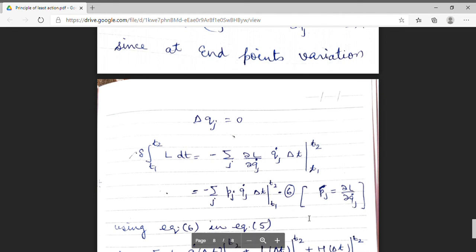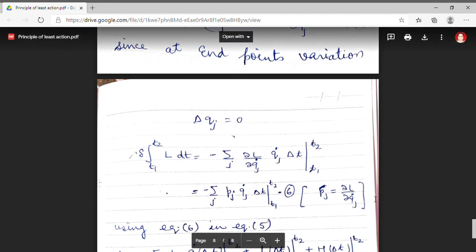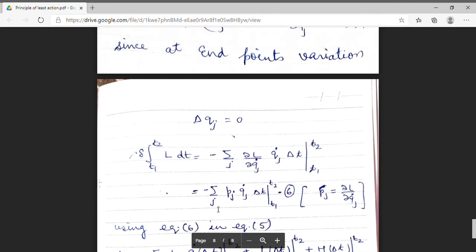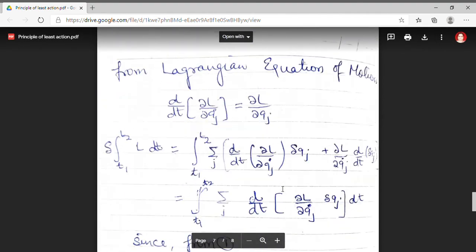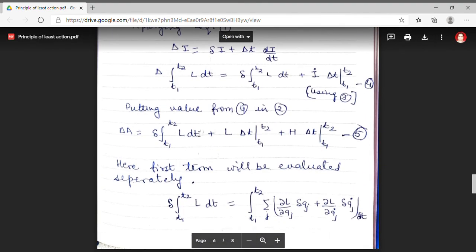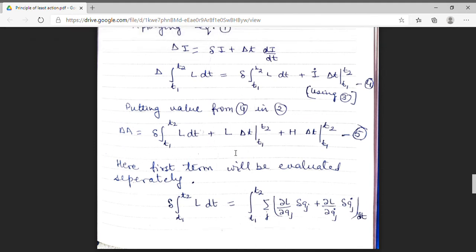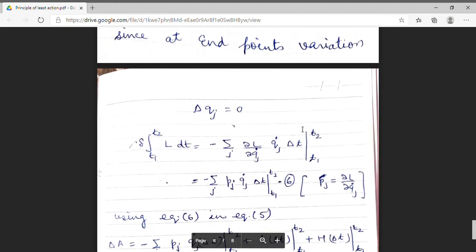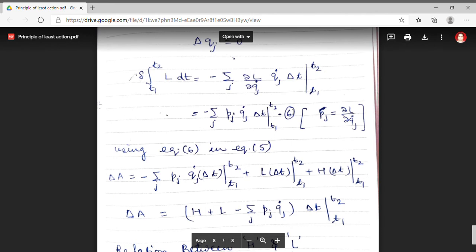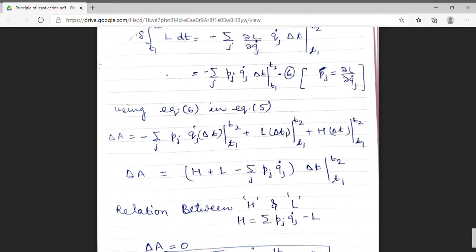So substituting ∂L/∂qj dot to be pj, I get my expression as minus summation j pj qj dot δt. Using this expression in my fifth expression, I have found out the value of this first term. These two terms remaining the same, I have my expression as δA equal to this form.